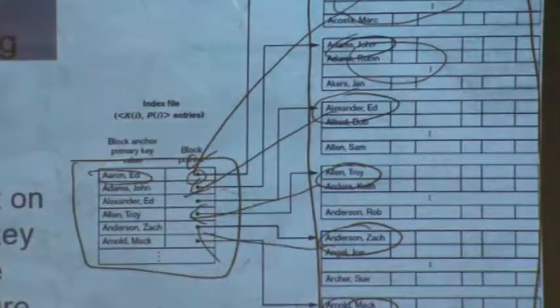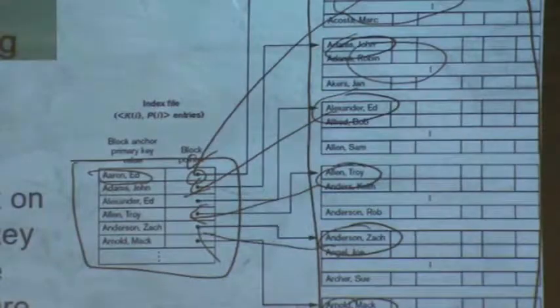In the data file, what was the name of the average number of records in one block? Blocking factor. So that is BFR for the file. In the index, it's the same idea, but a different name. It's not records, so it's called the fan out.